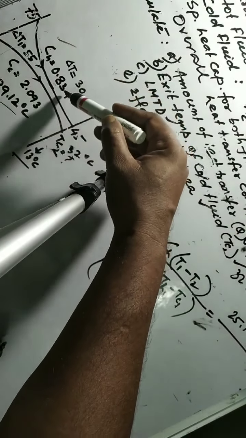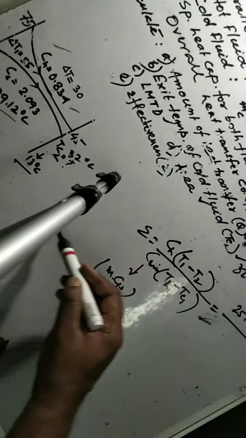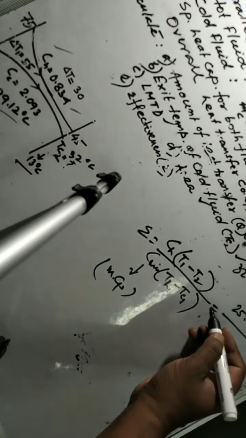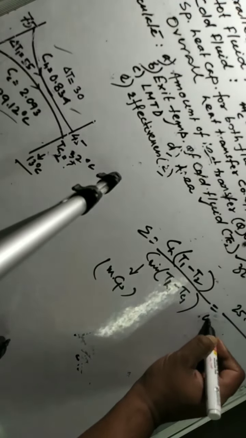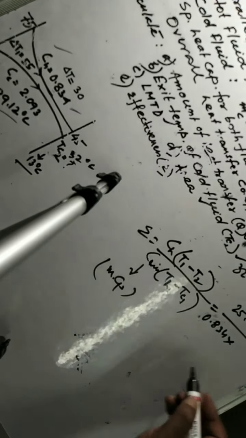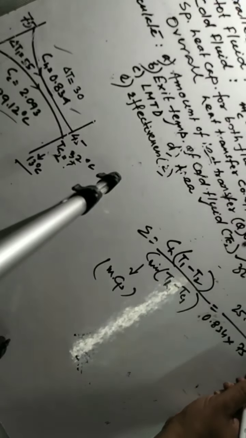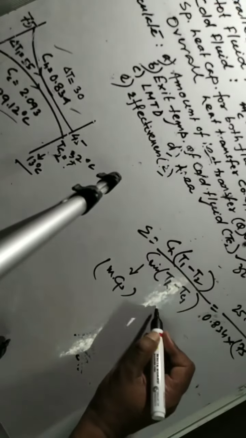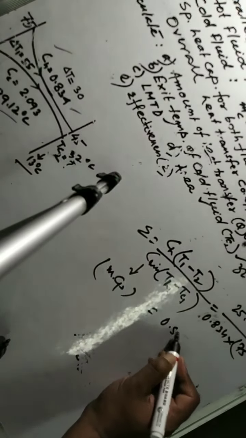For the hot fluid it is 0.831 and for the cold fluid it is 2.093. So the minimum is the hot fluid, that is 0.834 into (75 minus 20). So if you calculate this, it will be around 55. So effectiveness will be somewhere around 55. So this way you can calculate it.